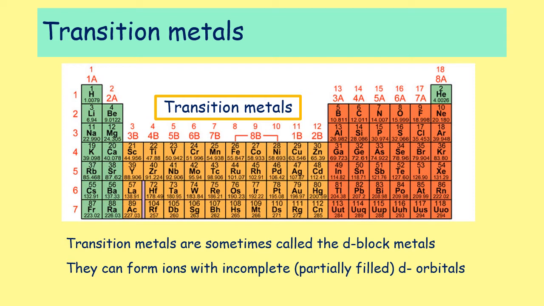Some of them, for example zinc, cadmium, mercury, have completely filled d orbitals, which would technically exclude them from being a transition metal. However, they often get described, the whole block, as being transition metals. So they're the orange part in that picture.